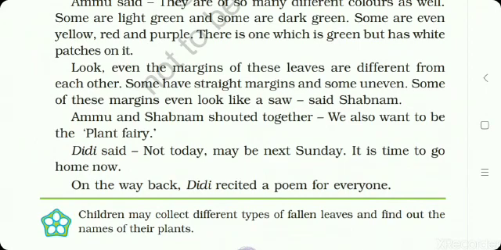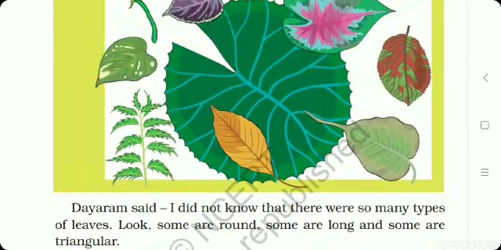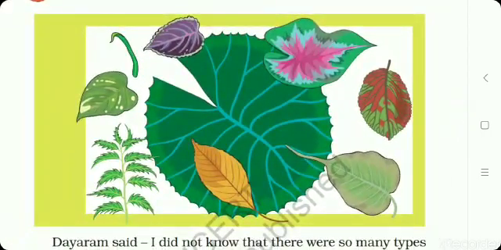Shabnam noticed that the margins of different leaves were also different. Margins means the lines that you have seen. See, these lines. These are called margins. These are also different. Some were straight, some uneven, and some like a saw.